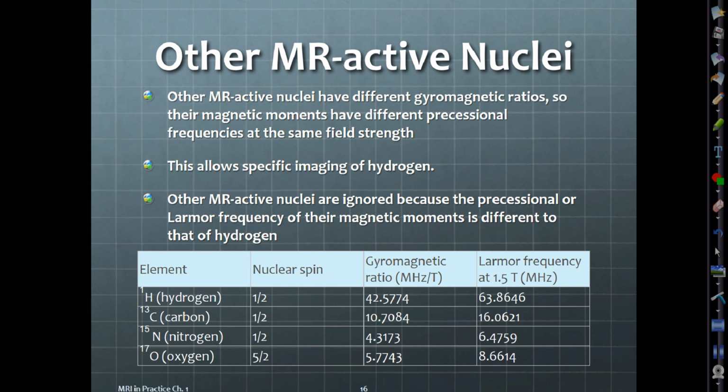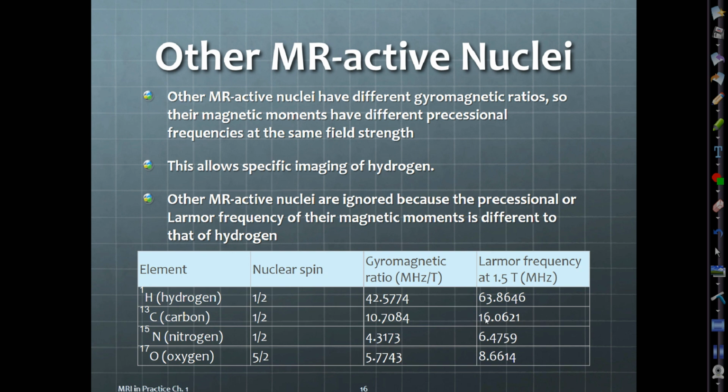So with that being said, when you plug in those numbers to the Larmor equation, you also create different precessional frequencies, which are also called Larmor frequencies, so don't get that confused.